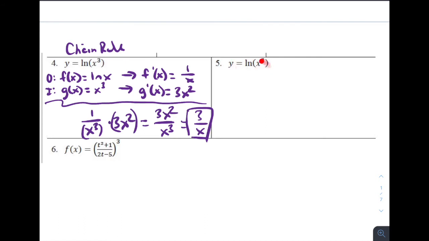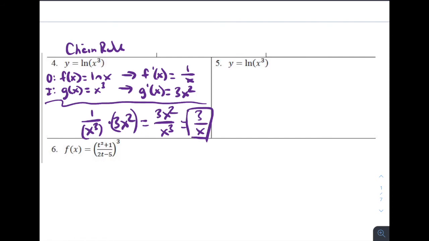Number 5 is the exact same problem, but I want to remind you, similar to when we set up the power rule back in chapter 2, a lot of these problems, if you can rewrite them a different way, will be much simpler. I don't have to necessarily use the chain rule. The chain rule obviously works and is fine here, but what is this? It's a natural logarithm, which we might remember has some log rules.